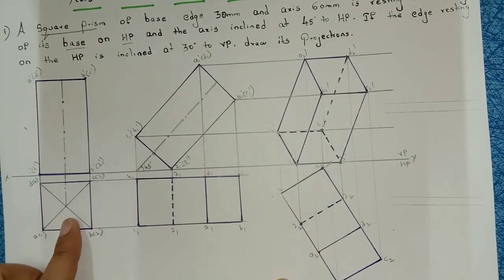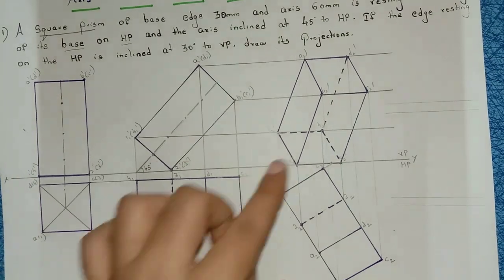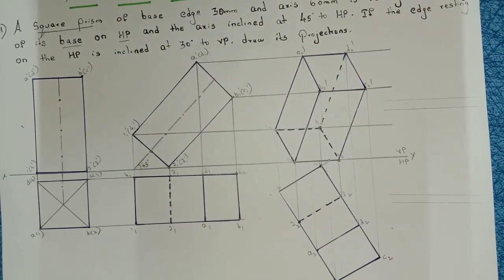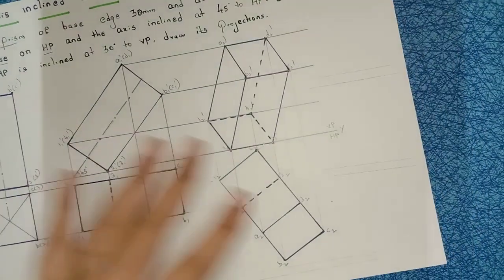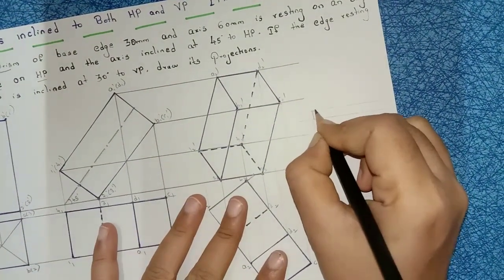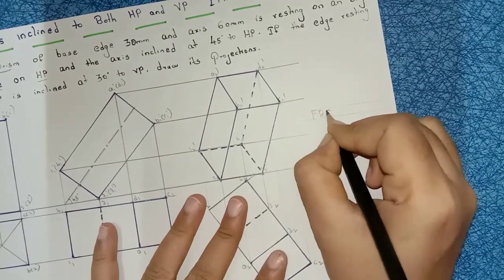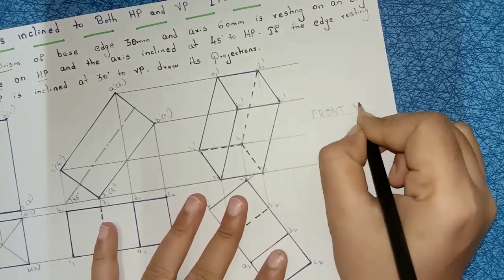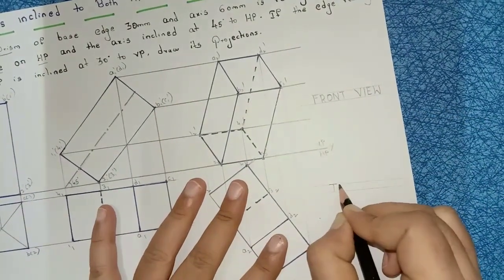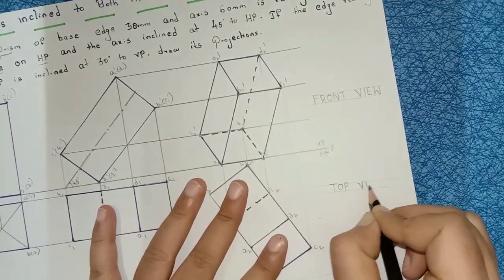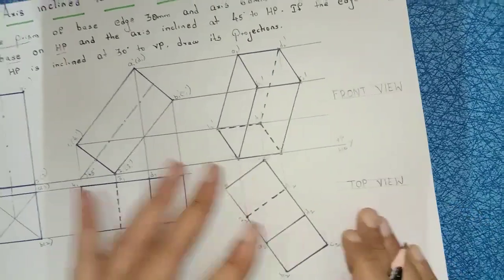We have started the problem in the horizontal plane and then ending will be in the vertical plane, right? Now after completion of your problem, above the reference line, take height 5 mm and write down this is your front view. Below the reference line, take height 5 mm and write down this is your top view. Right?